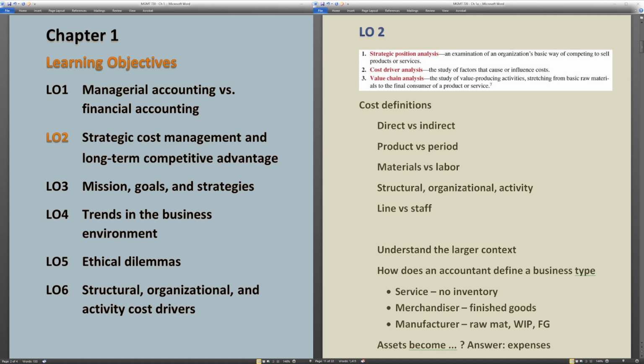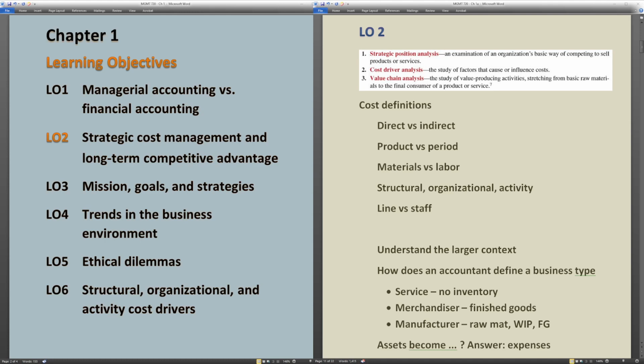For example, I asked my undergrad class in their first accounting class, how does an accountant define business, or the different types of business? And people will say, okay, maybe it's by product. Some companies are insurance companies, some are retailers. Maybe they'll define it by size. And I say, no, an accountant defines a business type by 3 definitions: service, merchandiser, and manufacturer.